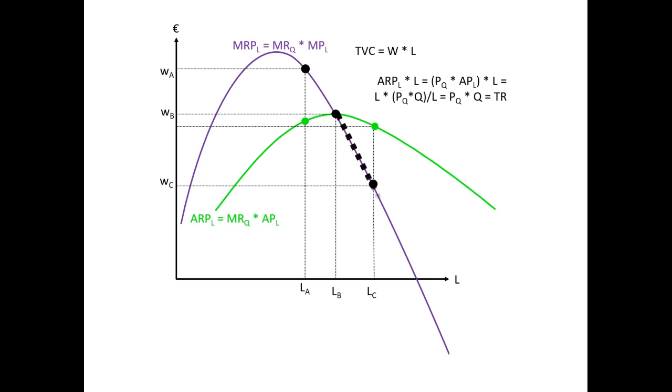And that indicates that the demand function for labor will be given by the marginal revenue product from the intersection with the average revenue product and downwards. And since it's not normal to have negative salaries or wage rates, it will stop at the horizontal axis.